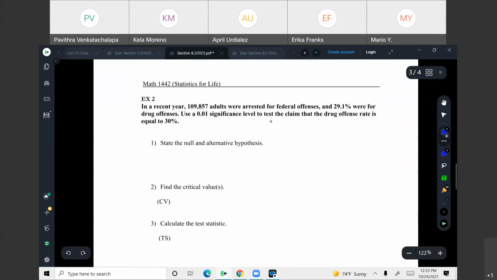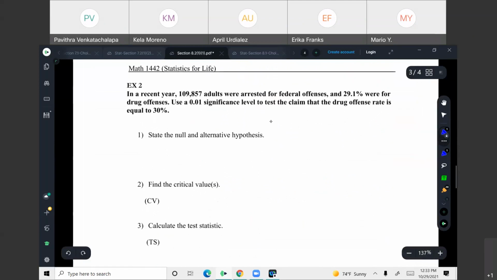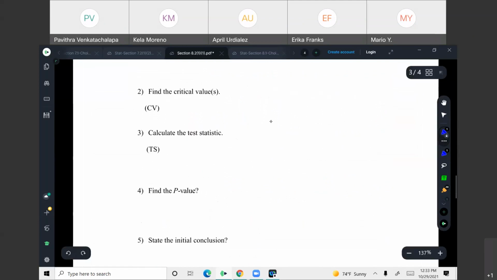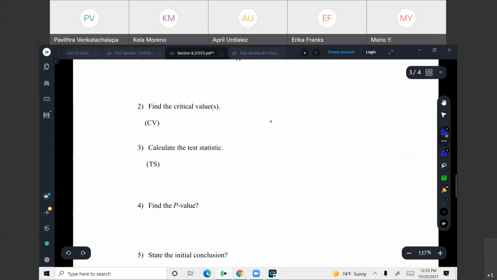That was your example one. Now I want you to do example two. State null and alternative hypothesis, find the critical value, test statistic, and then you can find the p-value.